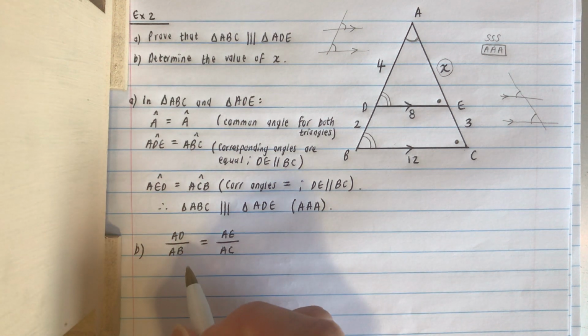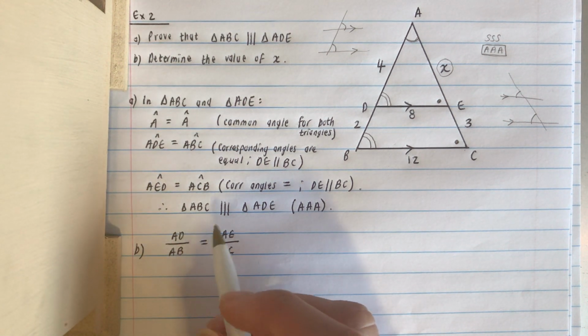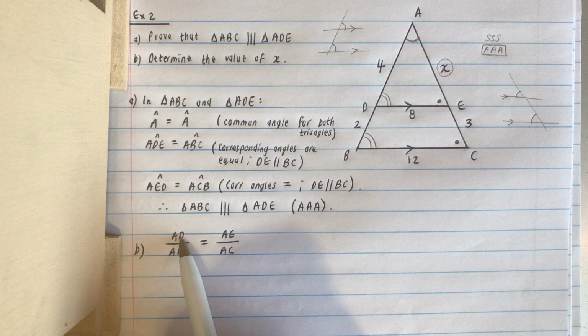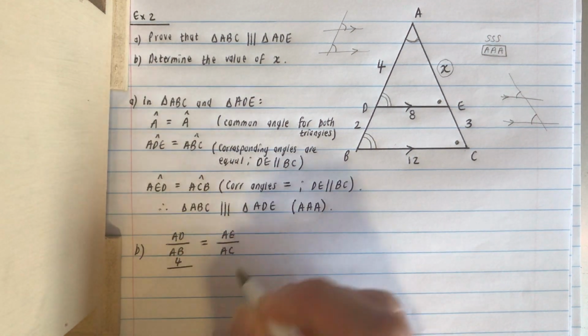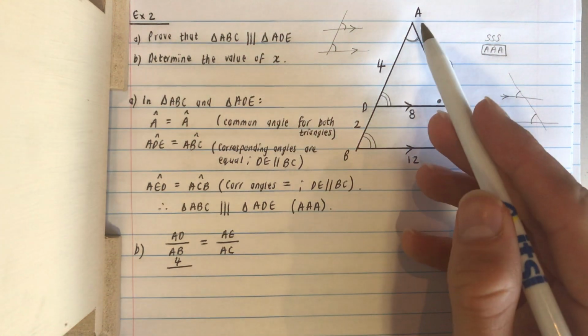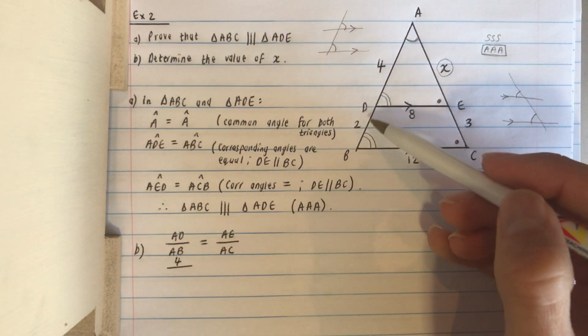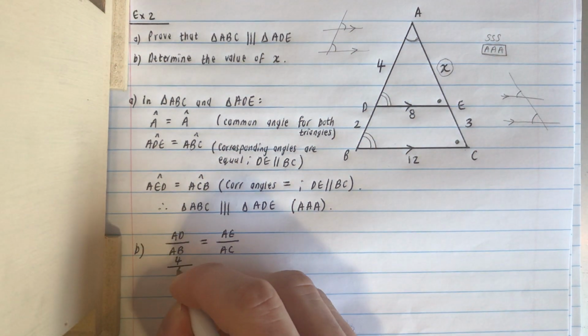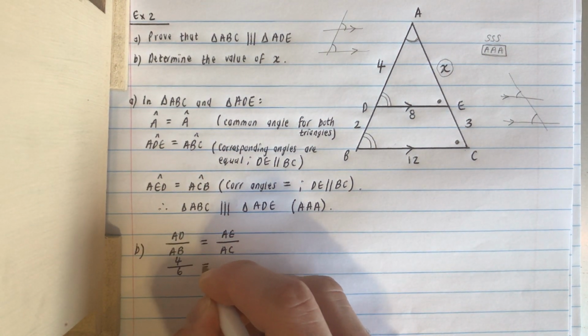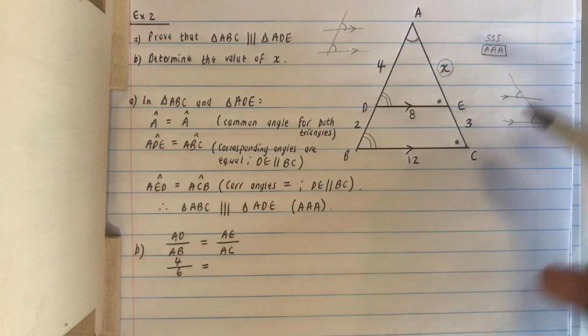Okay, so let's now continue by substituting the values. AD we have is 4, so we have 4 over AB. AB is 4 plus 2, because this is 2 and that is 4, so in total we have 6. So 4 over 6 equals AE over AC.